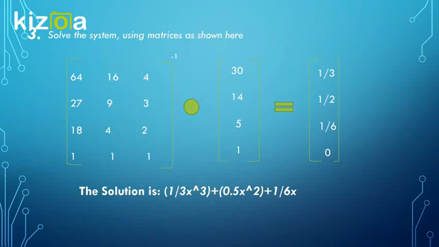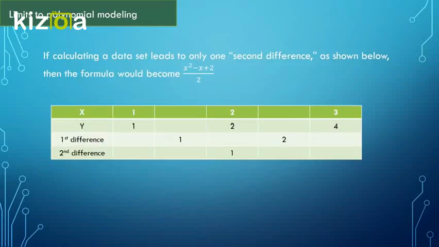And we'll check. Now, there are some limits to polynomial modeling. If you're calculating a data set and there is only one difference besides 2, the formula, instead of becoming a normal quadratic, will instead become x squared minus x plus 2 over 2, as shown there.